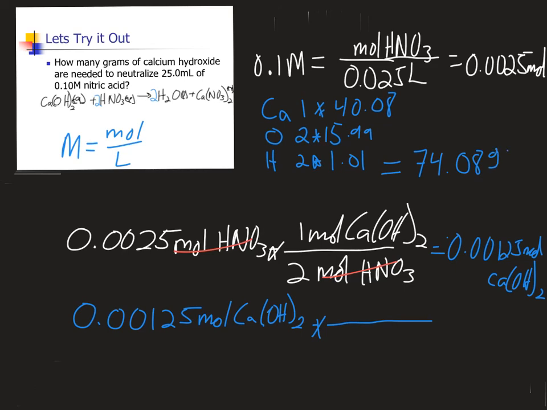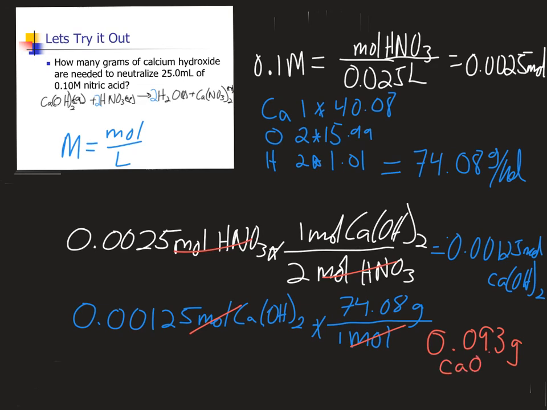74.08 grams per mole. I take that value and I'm going to multiply it by the number of moles over there. Moles cancel out to give me an answer of not very much, 0.093 grams of calcium hydroxide.